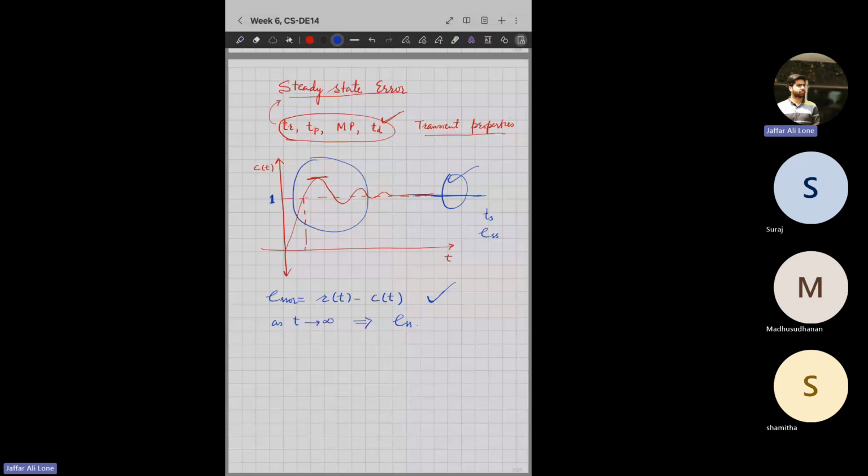In the S domain, there is a formula for steady state error, which is derived by using the final value theorem.